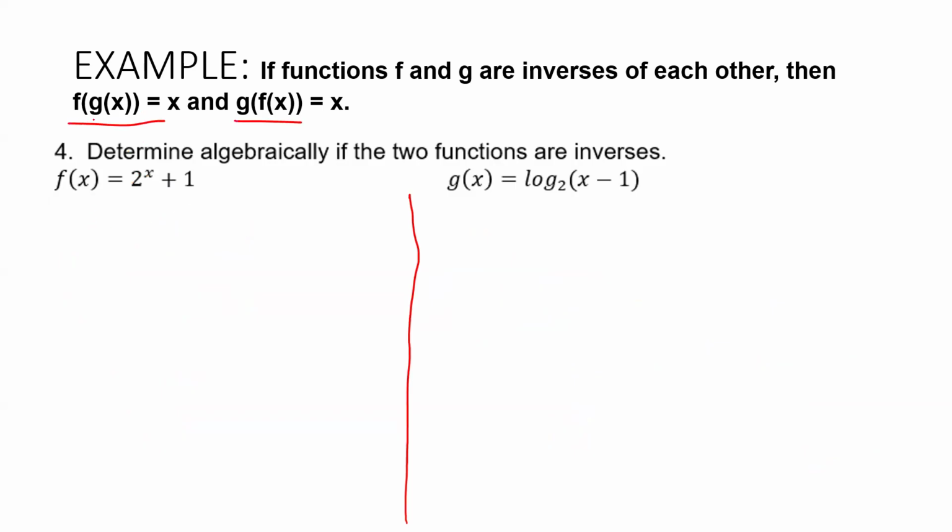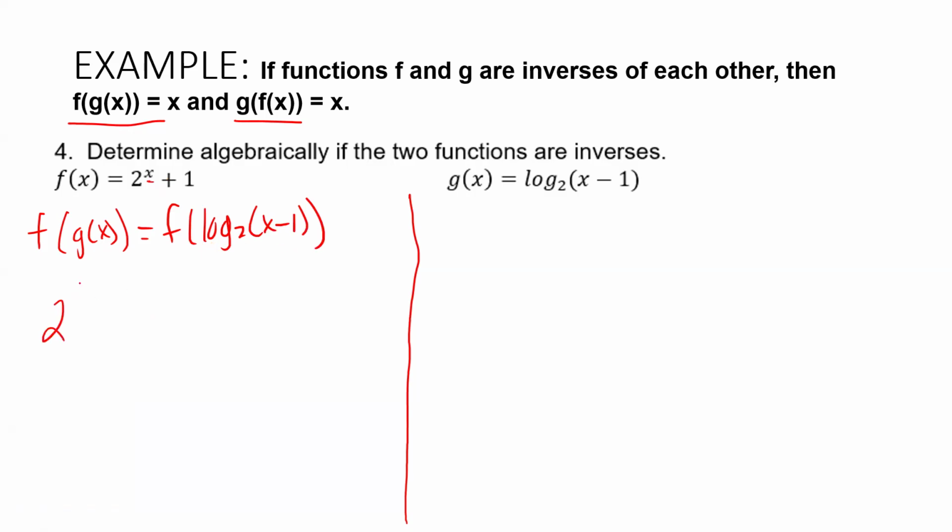Okay. So starting with f of g of x, we have f of g of x, which is going to equal f of log base 2 of x minus 1. So where x is, it becomes log base 2.